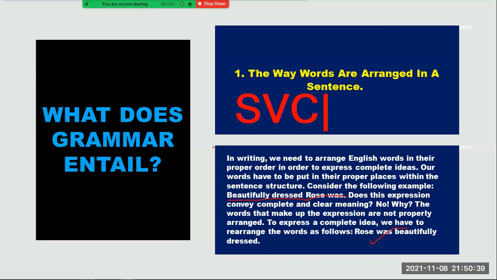So the way words are arranged in a sentence, that is one of the things that grammar is all about. And talking about the various elements within the sentence, we have the subject, the verb, we have the object, we have the complement, and we have the adjunct.